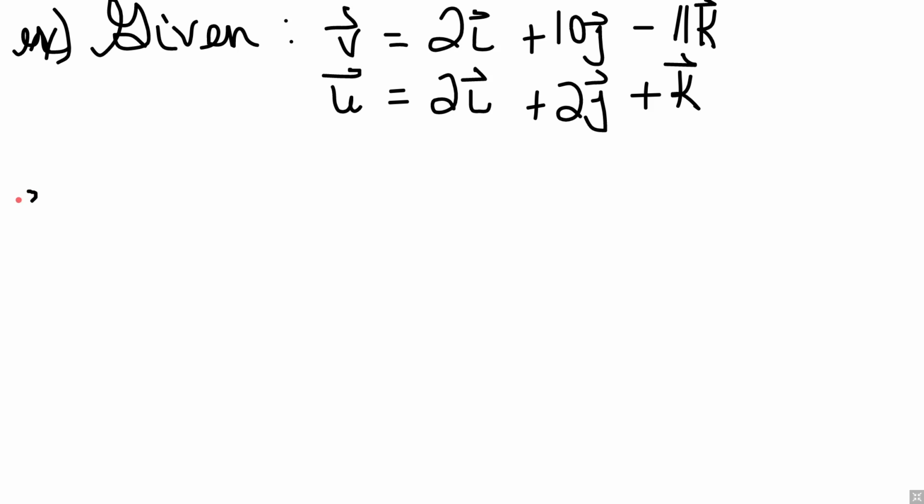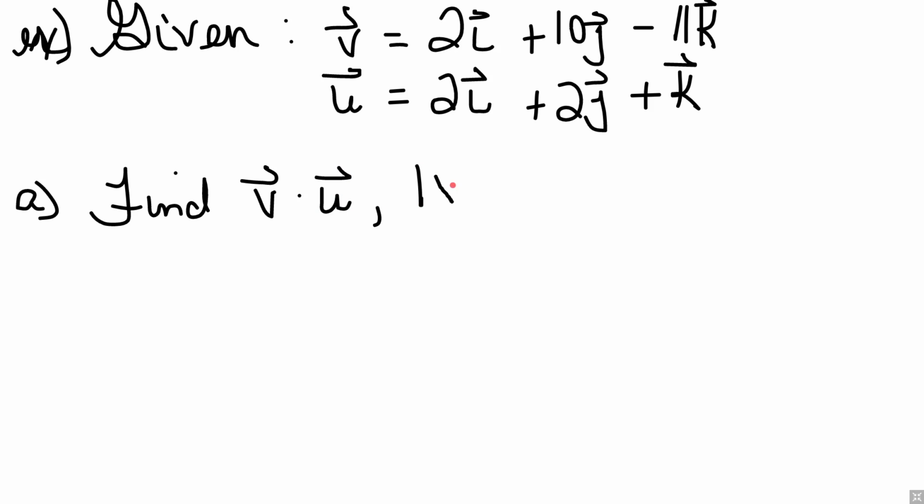For part A, I want to find v dot u. I want to find the magnitude of v and the magnitude of u. Okay, let's start off first dealing with v dot u. What are the first two things I'm going to be multiplying together? 2 and 2.